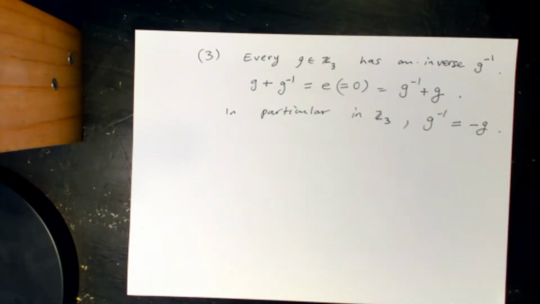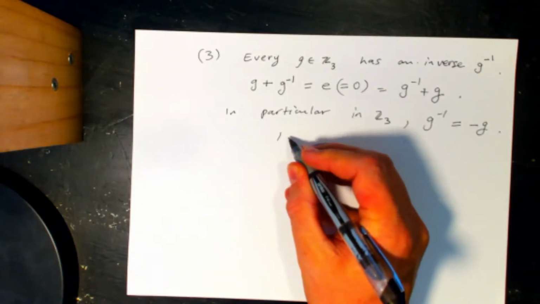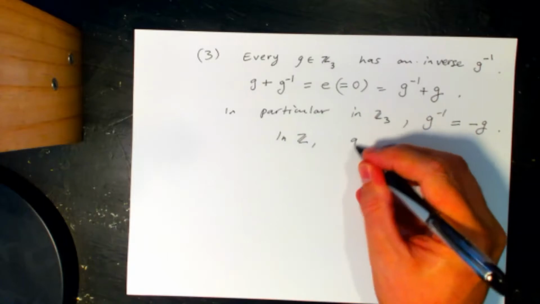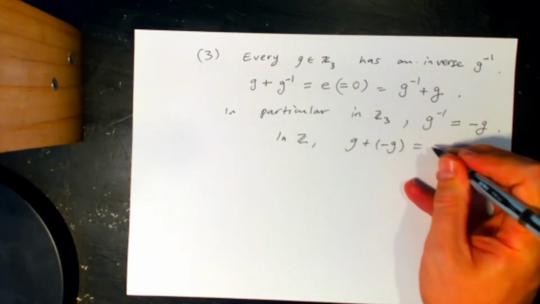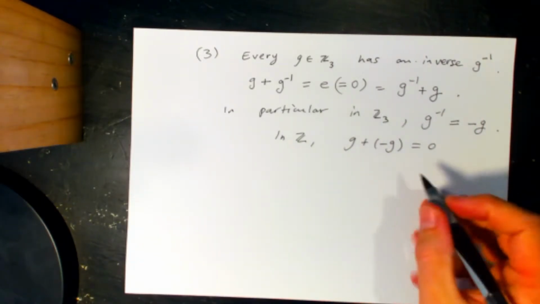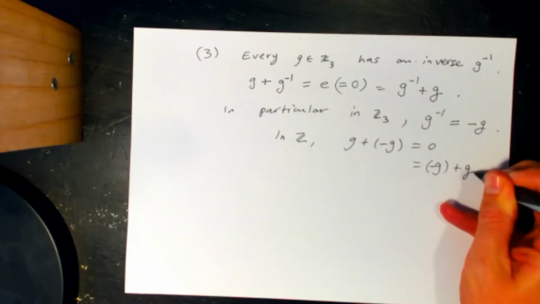Okay, now let's verify this in integers mod 3. So let's first talk about in integers. So in integers, g plus minus g is equal to 0, right? Because those two add up to 0. And this is equal to minus g plus g.